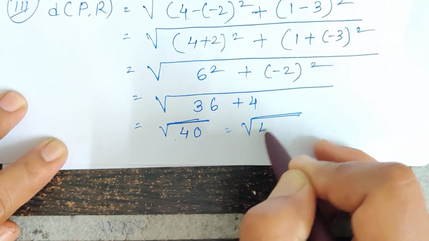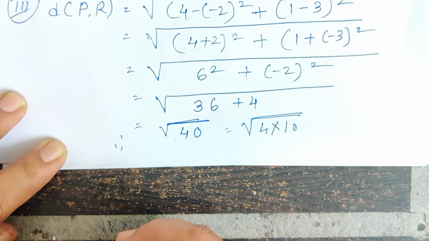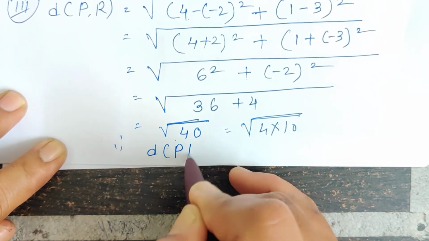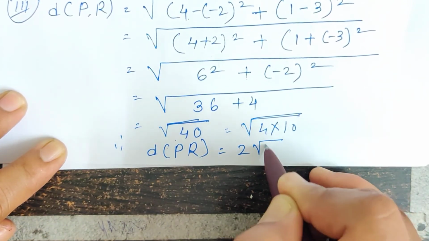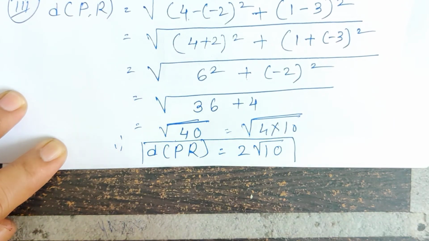So 4 tens are 40 and so you will get distance of PR equal to 2 root 10. This is the third part of the example.